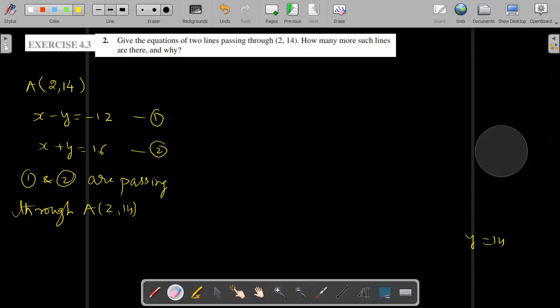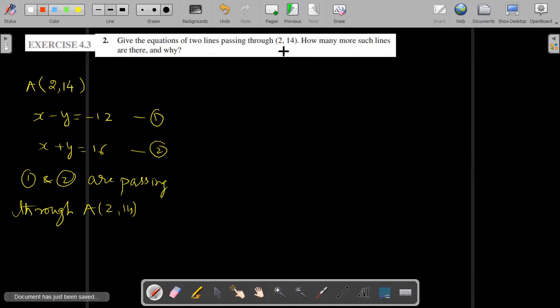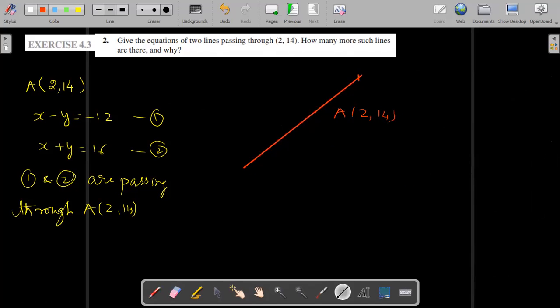Suppose you have been given a point. They are asking how many more such lines are there and why. So 2 and 14, suppose this is the point which is representing 2 and 14. How many lines can pass through this point? We can make this line passing through this point, correct?